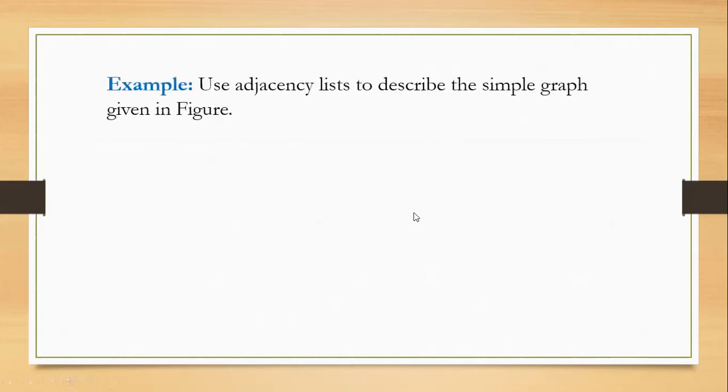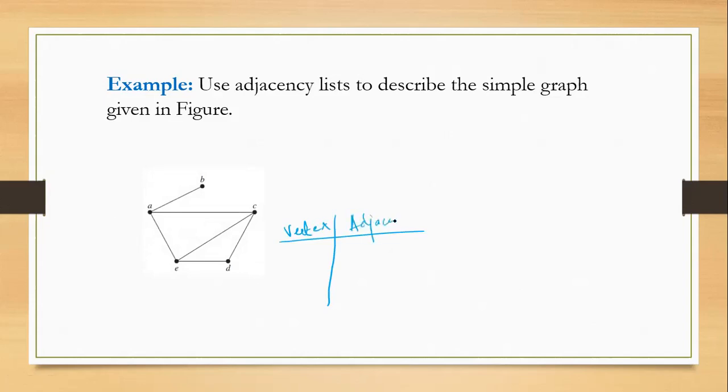Use adjacency list to describe the simple graph given in the figure. So this is the figure. Now what we are supposed to do is create a basic table. I'll just create it here roughly. We can see it later. Vertex, and I am writing adjacent vertices. These are the two columns.